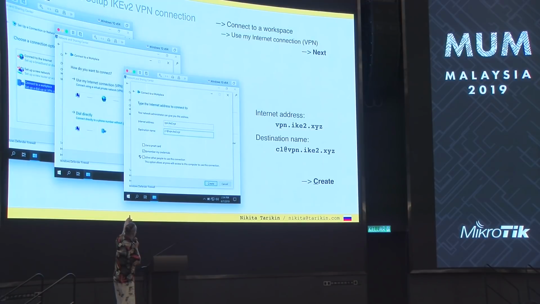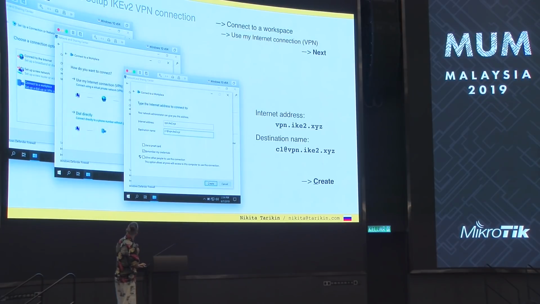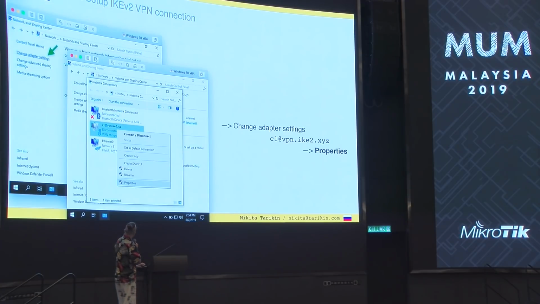Here, these are simple things. Everybody knows that who uses Windows 10. Internet address of the VPN ike2, destination name according to our certificate. Go to the properties, need to adjust the settings a little bit.